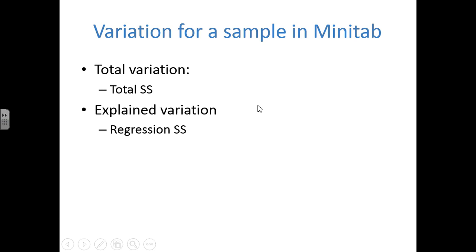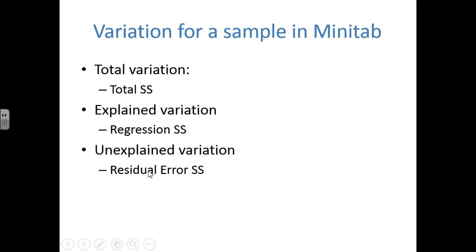And you can see the Minitab output in your Minitab lab book before you even do the lab itself. You'll see an example of where all of these things are found. And the unexplained variation is found under residual error SS. So you can find the total variation, the explained variation, and the unexplained variation all inside of the information that Minitab gives you.